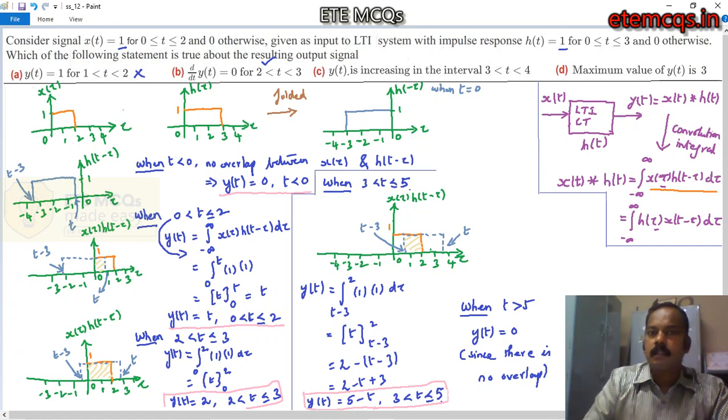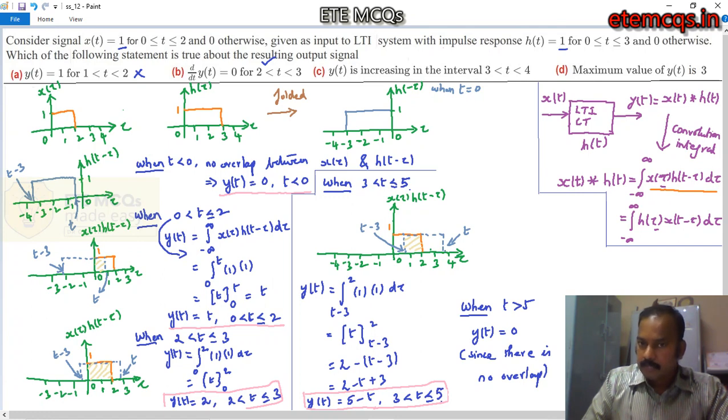Next you notice y of t is increasing in the interval between 3 and 4. Just notice when t is between 3 and 5 itself, which includes 4, you have 5 minus t, which means that it is decreasing. There is an increase in t, but y of t decreases when t increases. Because the region of overlap will get reduced when t moves from 3 to 4.